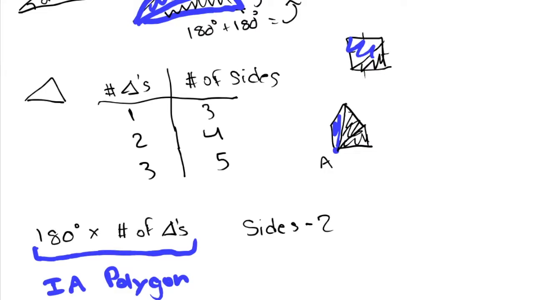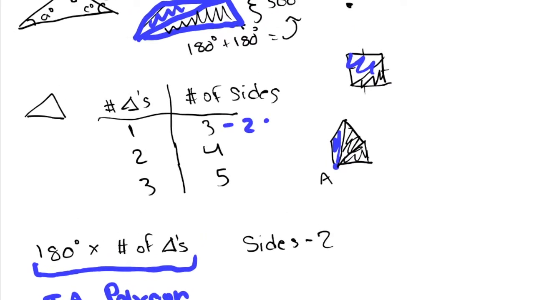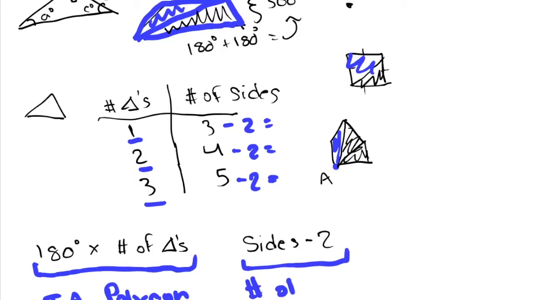As you can see, the number of sides was 3 over here, and of course, 3 minus 2 is equal to 1. 4 minus 2 is equal to 2. And 5 minus 2 is equal to 3, right? So sides minus 2 is basically just the number of triangles, right?